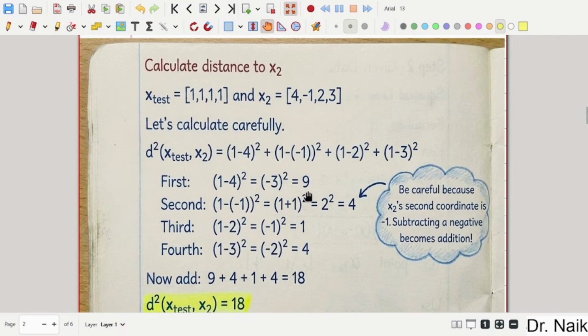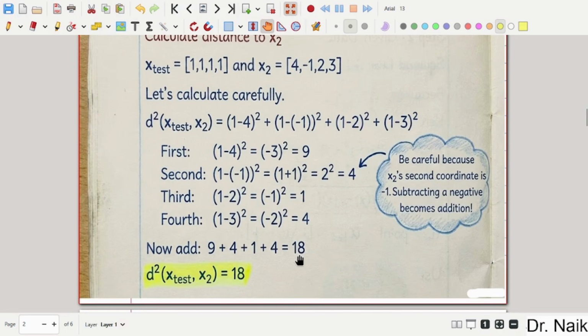So 9 plus 0 plus 1 plus 4 is equal to 14. So the distance between the test point and the x2 point is 14.